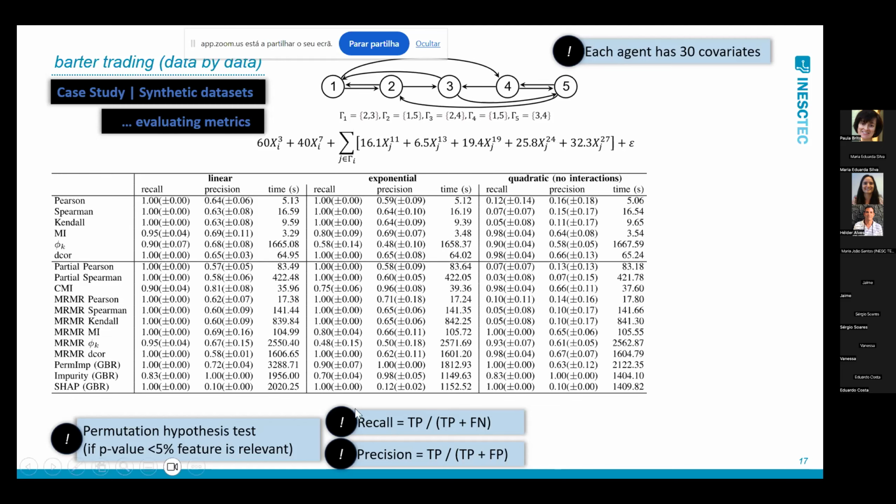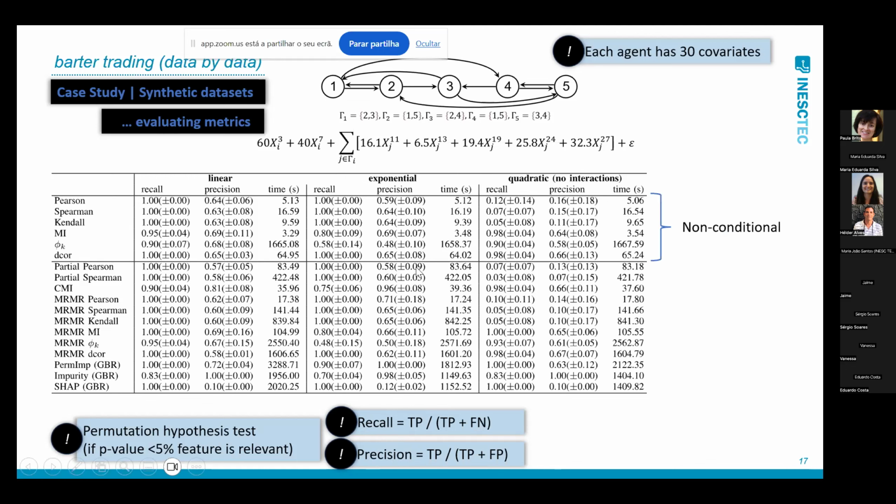But we also need to take into account that an easy way to have a recall of 100% is to classify all features as relevant. But then we are not reaching a good conclusion, because we also want to reduce the search space of our algorithm, and then we should also consider precision.